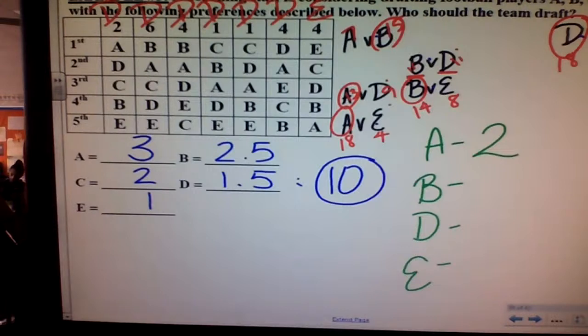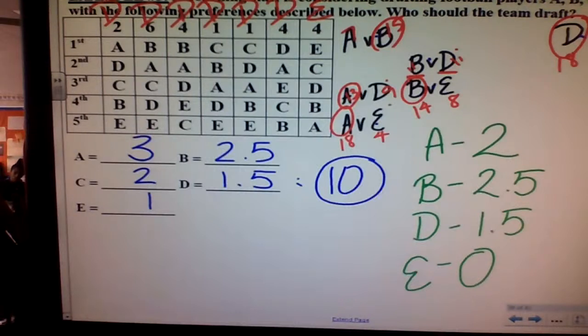B has 2.5. That one didn't change. D has 1.5, and E has 0.